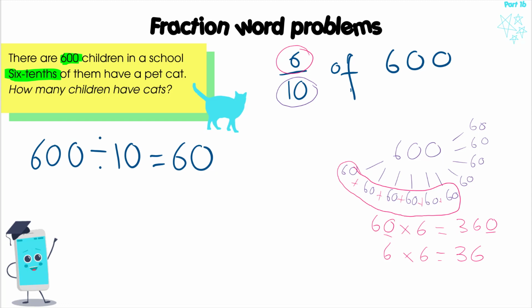Or 60 times 6 is 360. So I've divided by 10 to get 60, and I've multiplied by the numerator 6 to get my answer. 360 children had cats. Let's move on.